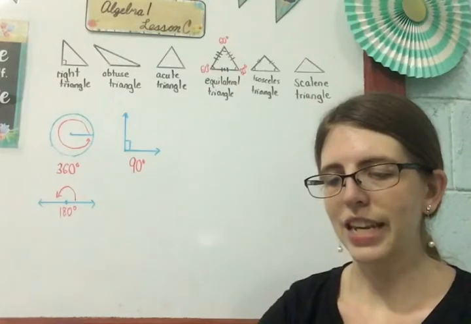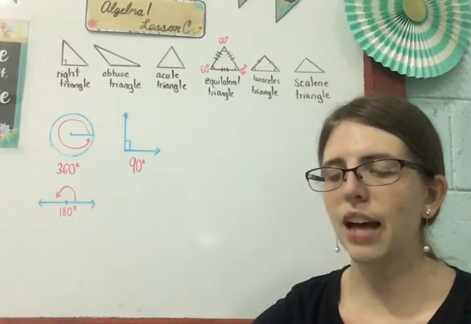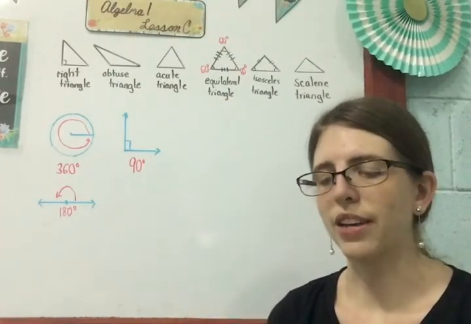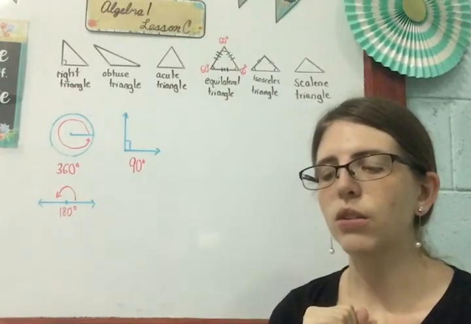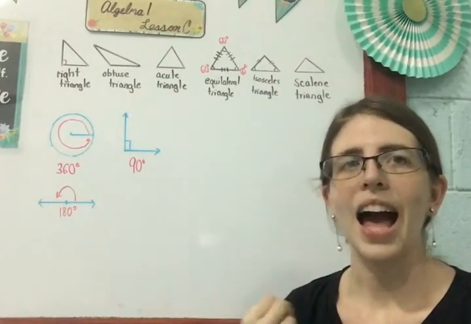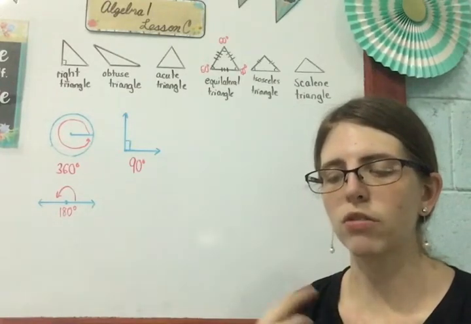Okay, letter C. What kind of triangle has 3 sides whose lengths are equal? An equilateral triangle. What kind of triangle has only 2 sides whose lengths are equal? Isosceles triangle. What do we call a quadrilateral?